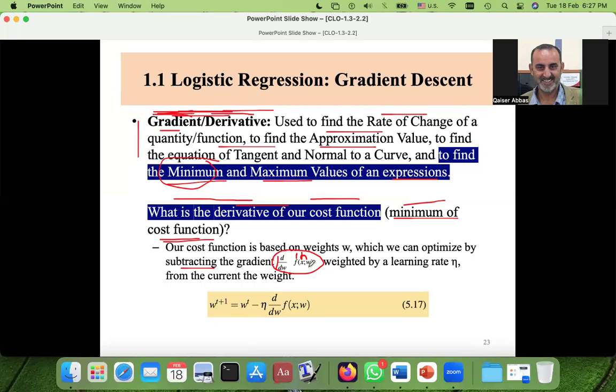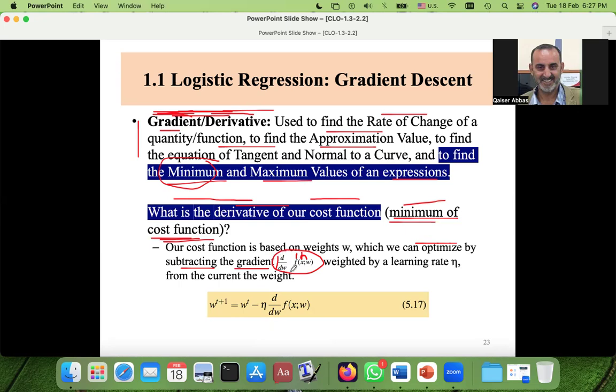How can we minimize that previous equation, which is the equation for the cost function? We can optimize by subtracting. First we will calculate the derivative. First we will calculate the gradient. If I use the word gradient, derivative, or slope, it is the same meaning.